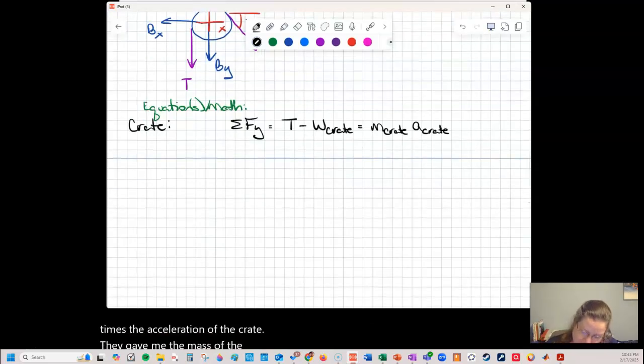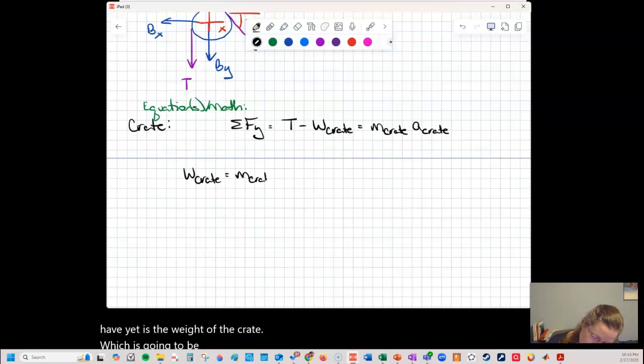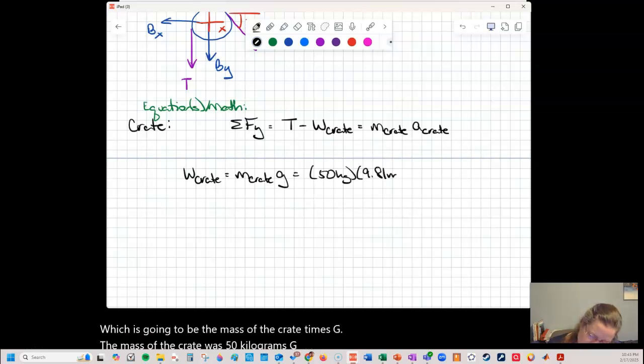They gave me the acceleration of the crate. What I don't have yet is the weight of the crate, which is going to be the mass of the crate times G. The mass of the crate was 50 kilograms. G is 9.81. That's going to give me 490.5 newtons.